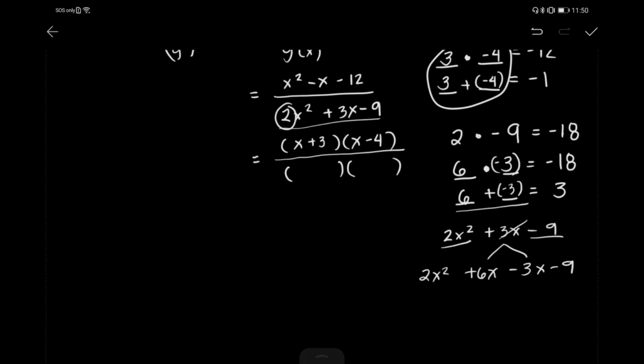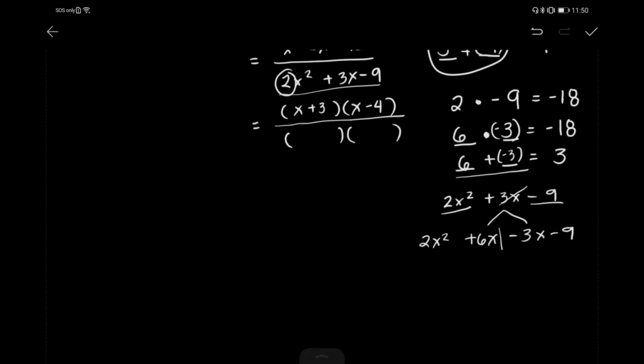So this time, let us do group factorization. So what is the factor of these two? The GCF is 2x, quantity of x plus 3. The GCF of this is -3, quantity of x plus 3. So as you observe, we have a common factor x plus 3.